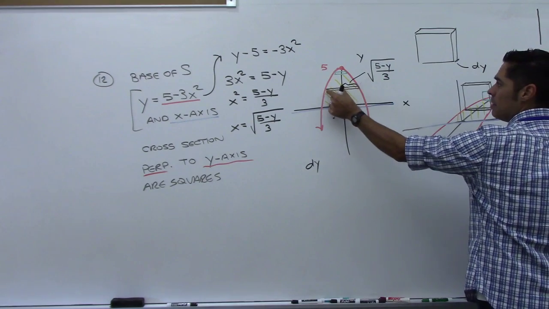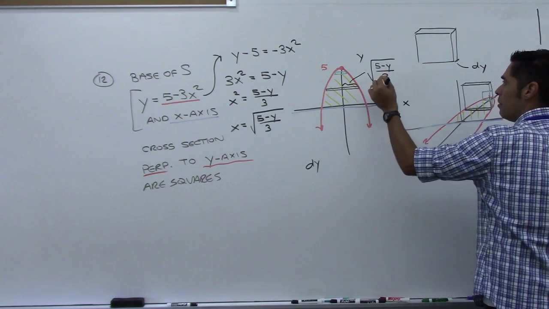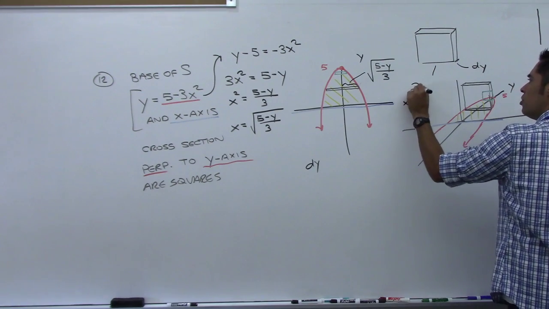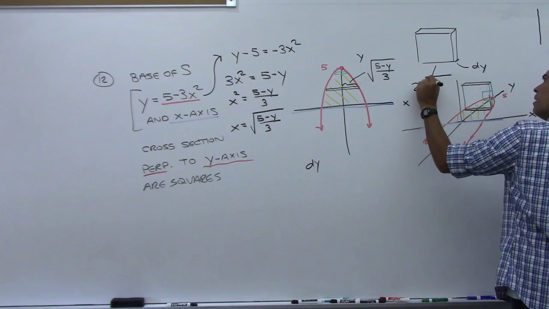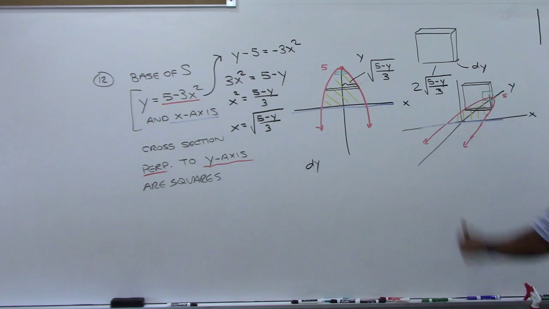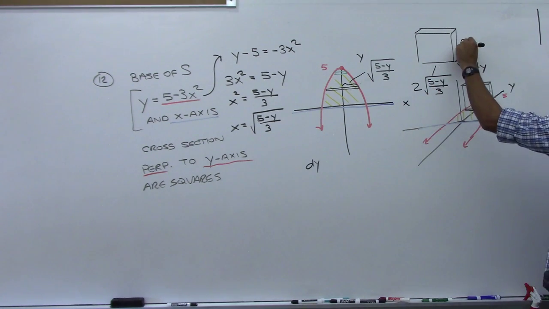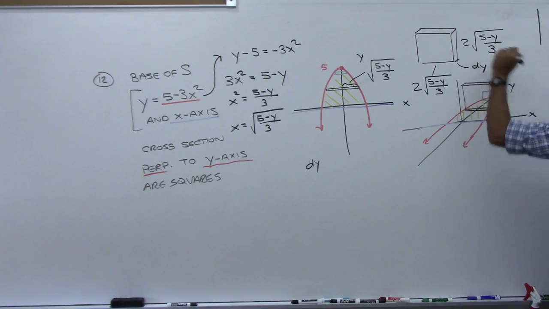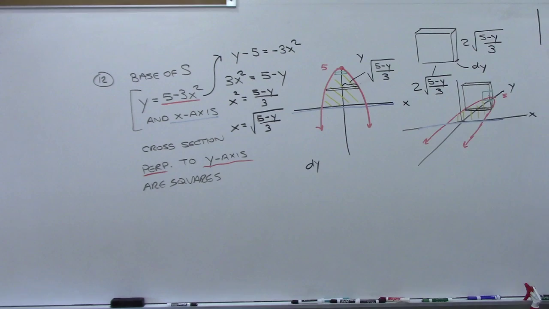By symmetry, the other side is double that. So I just double this. So this side right here is 2 times the root of (5 minus y) over 3. But if that side's that, then this side's the same thing. And so the volume of this will be this times this times this.